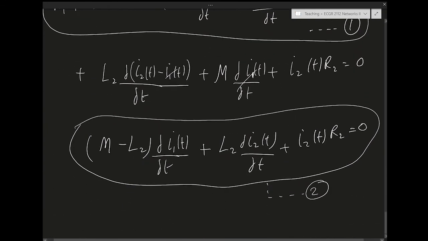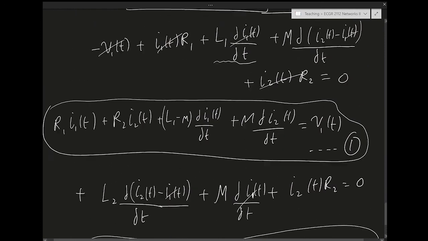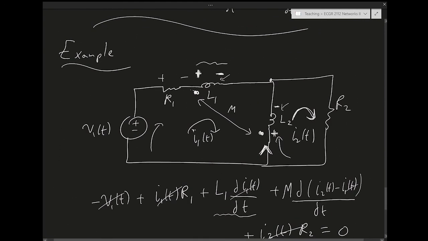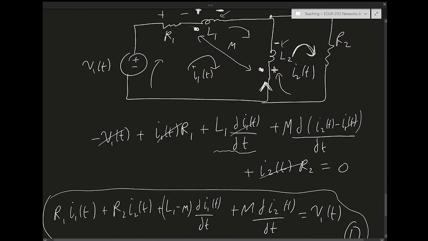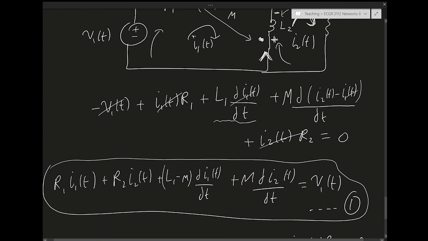So the first one is correct, this is correct, right, so this is absolutely correct, but I think I made a mistake in the first one, because in the first one what I did is I did this external loop. That was my mistake. I should have stuck with this mesh. Okay, so I mean that's fine. Let's redo it.